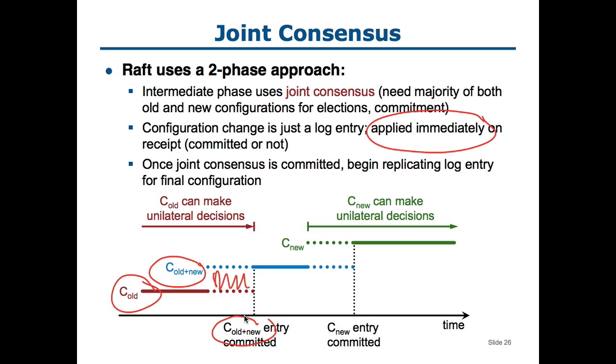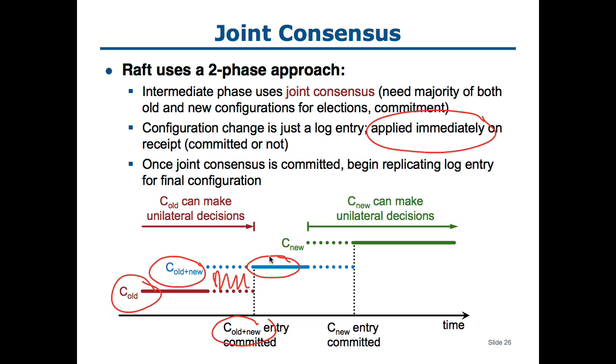So once this COld plus new entry has been committed, it's guaranteed that any leader that's elected will have that in its log, and that means that leader will be living by it. So for example, the decision about whether it won the election will be made based on COld plus new, and any log entries that it commits will also be committed based on COld plus new. So at this point, it's no longer possible for any server in the cluster to make decisions based purely on the old configuration.